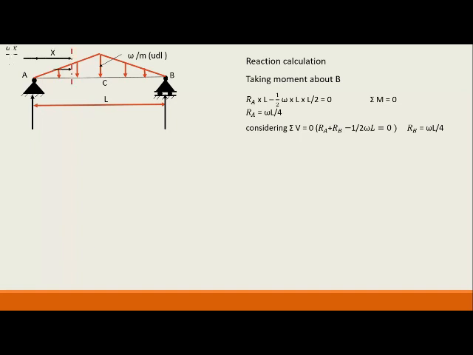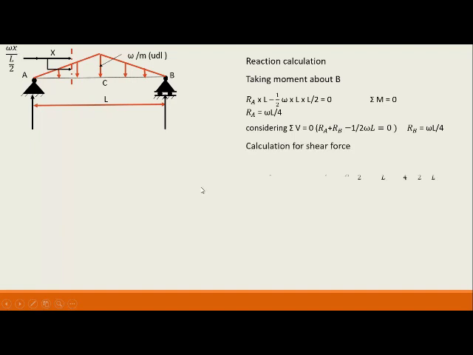Let us consider a section to form the equation. We have calculated the value of the ordinate at a distance of x here. This small value comes as omega x by L by 2. How does it come? From similar triangles. At L by 2 it has gone to the value of omega, so at 1 it will be omega divided by L by 2, and at x it will be omega into x divided by L by 2.